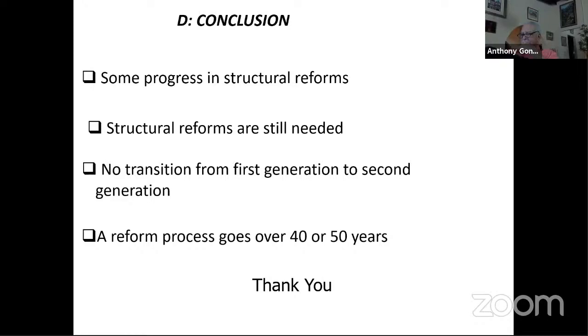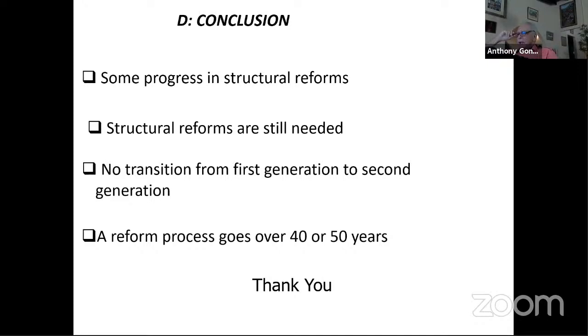what we see is that we have made some progress in structural reforms, particularly in the 1990s, but the reform process has tended to slow down or even disappear after 2000. Gains were made from lower average tariffs and removing restrictions on the flow of international finance.